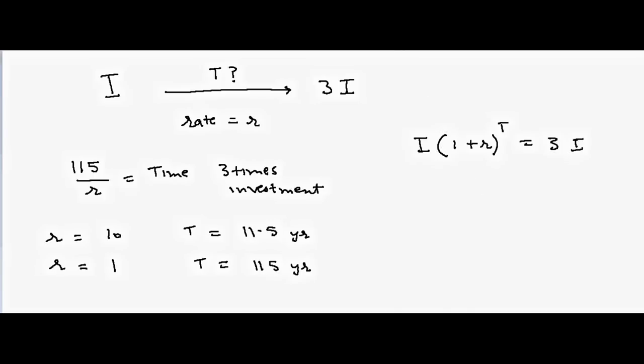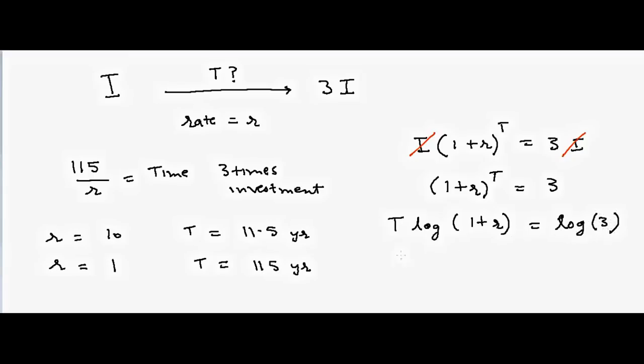In that case, your I will cancel out, and we're left with 1 plus r raised to power t is equal to 3. So if we solve this equation, we can take log on both sides. So t log(1 plus r) is equal to log of 3. So t is equal to log of 3 divided by log of 1 plus r.